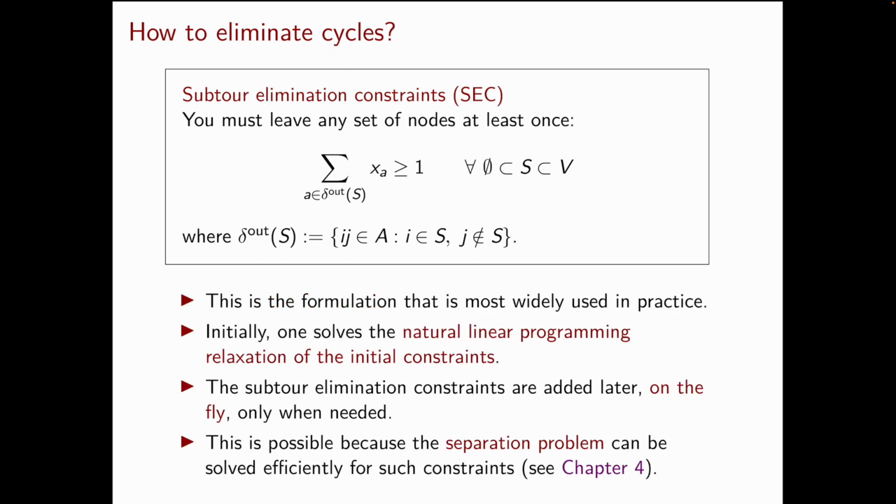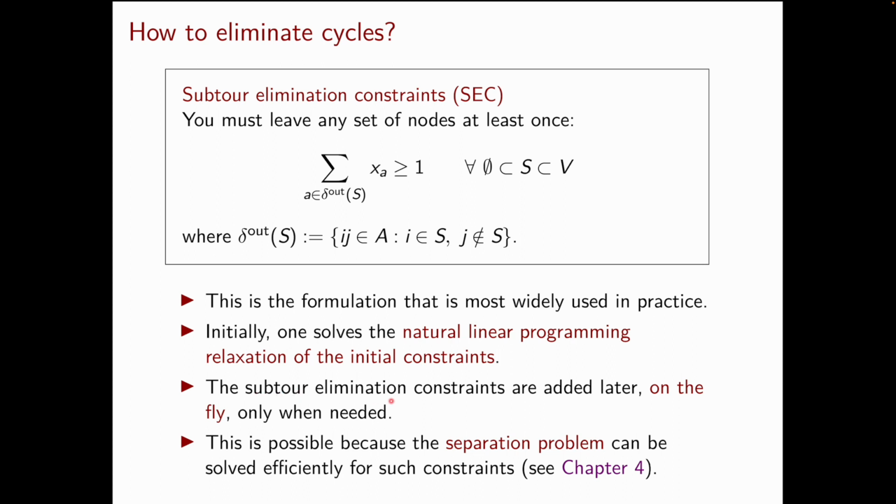Even with this great drawback, the formulation that we have just seen is the most widely used in practice. So how can you use this formulation in practice without explicitly writing down all the Subtour elimination constraints, which would require exponential time? The idea is that initially we solve the natural linear programming relaxation of the initial constraints alone, without even considering the Subtour elimination constraints.